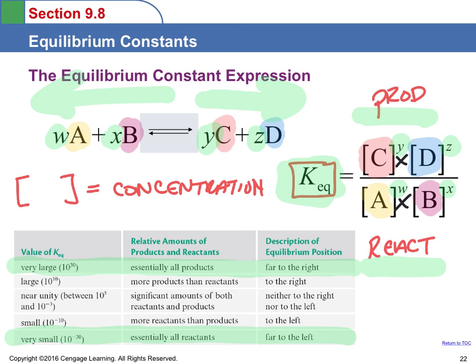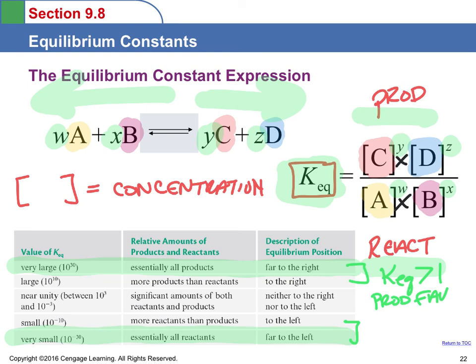And this is all kind of degrees of it, right? Very large, more than 10 to the 30th, very small, less than 10 to the negative 30th. There's different layers in between. What I really want you to know is for KEQ that is greater than 1, it is product favored, meaning there's more products than there are reactants.